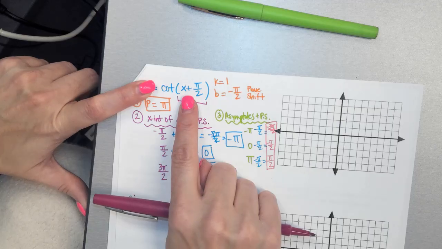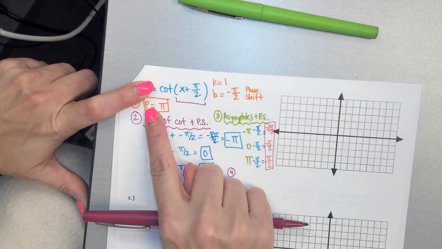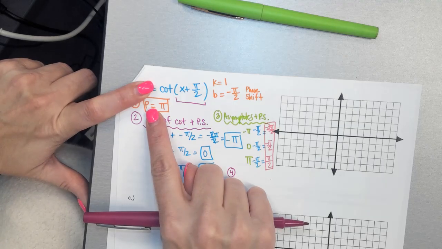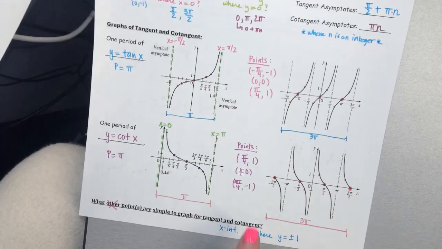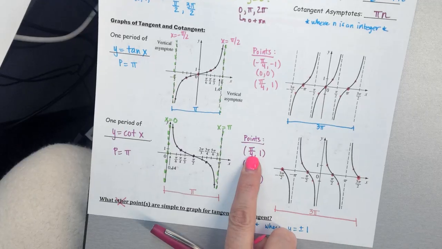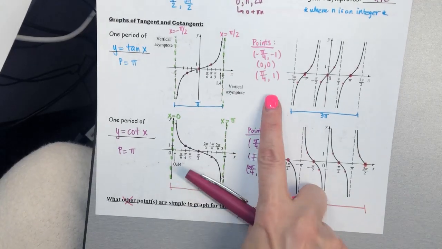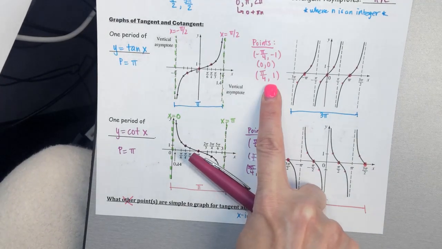If I plug in pi over 4, what would my output be? The cotangent of pi over 4 is what? All right, let's look it back up. The cotangent at pi over 4 is 1. The tangent at pi over 4 is 1.